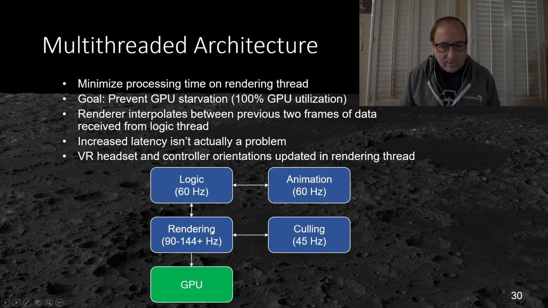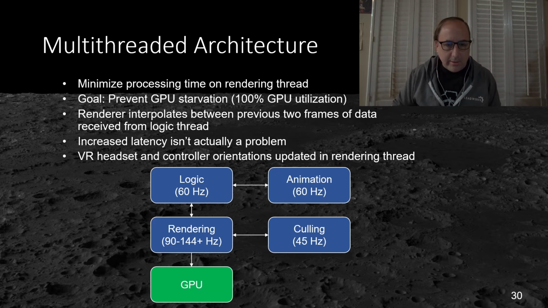The rendering thread can run at a different frame rate, or at a different frequency than the logic thread. The culling is done on a separate thread that can be done at a slightly slower frequency, and there's really no downside to that. And then finally, data is passed off to the GPU, and there is some latency between the logic thread and the rendering thread, but it doesn't really matter because the only latency that really matters is what's connected to your head and your hands.